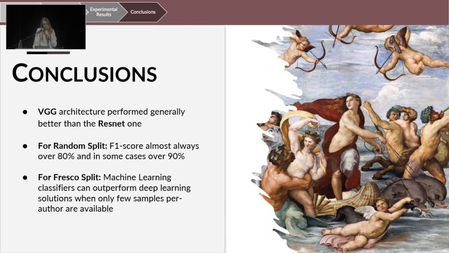And that for the deep learning approach, VGG architecture performed generally better than the ResNet one. And for random forest, we have a F1 score that is almost always over 80%, and in some cases also over 90%. And this is interesting. And finally, that for fresco split, that is the first scenario for our first approach, machine learning classifiers can outperform deep learning solutions when only few samples per author are available.